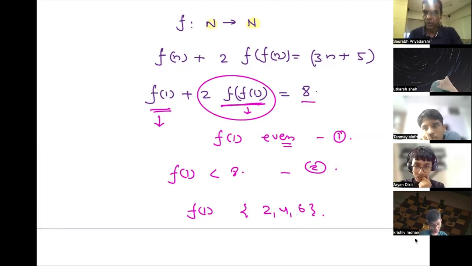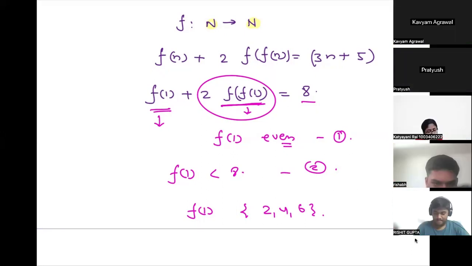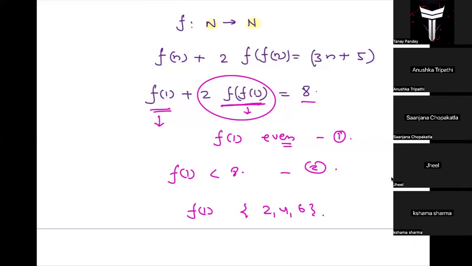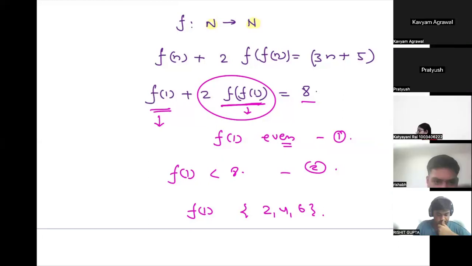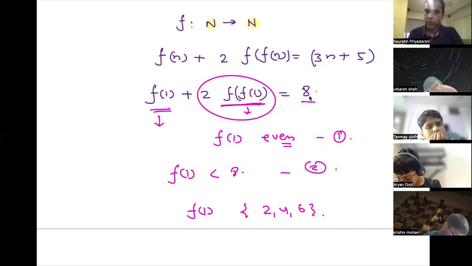Tanmay, okay? Yes. Katyani, okay. Sanjana, everyone, Anushka, Pratyush, okay.